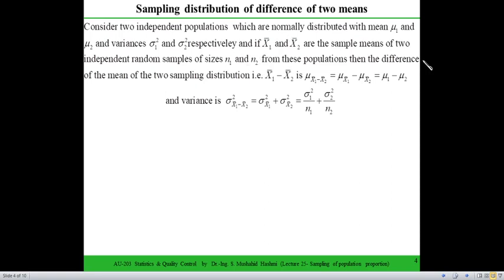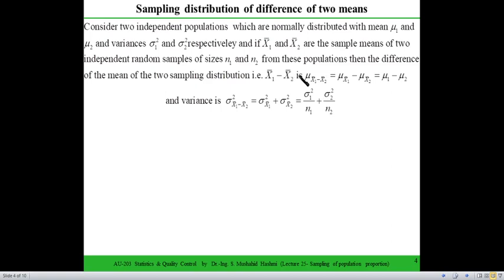Let's say from these populations we take the difference of the means of these two sampling distributions, so we will be interested in the difference of the sample means. x1 bar is the sample mean for population 1 and x2 bar is the sample mean for population 2. So its mean value can be represented as mu, where the random variable is the difference of the sample means, x1 bar minus x2 bar.